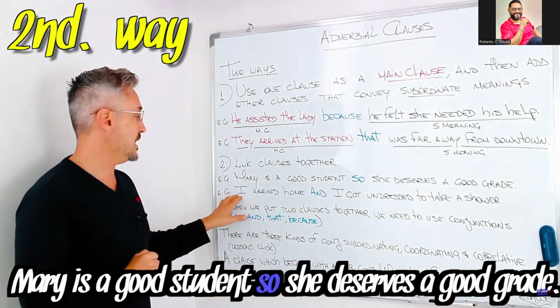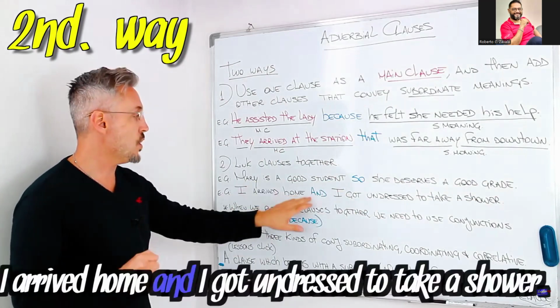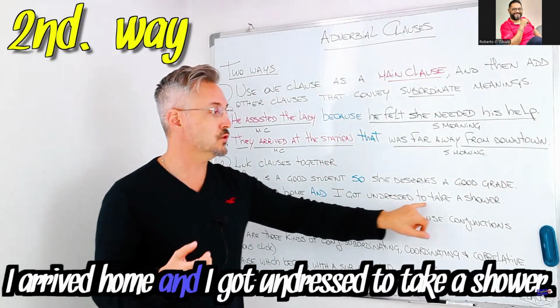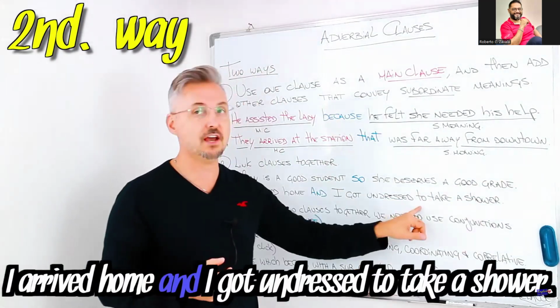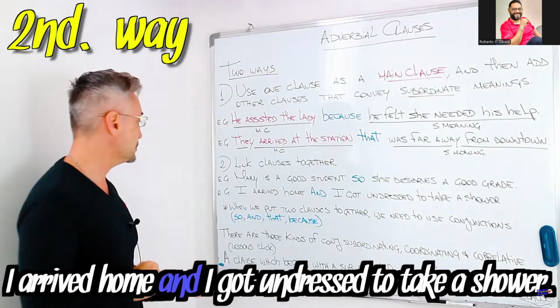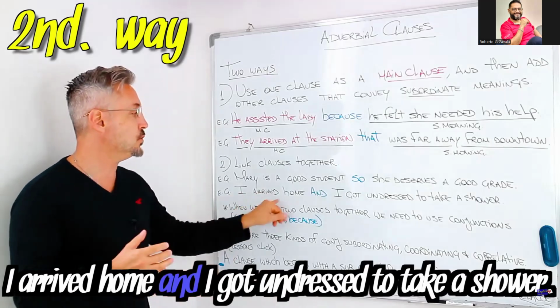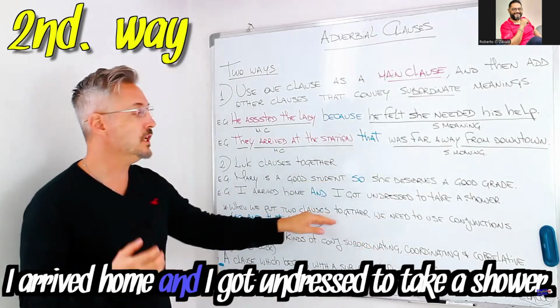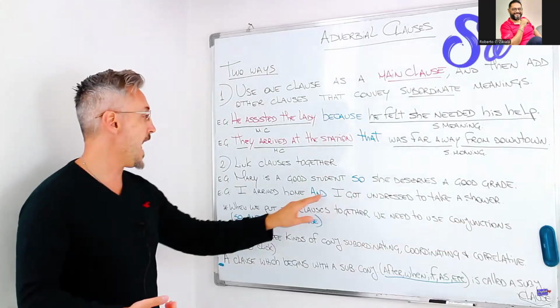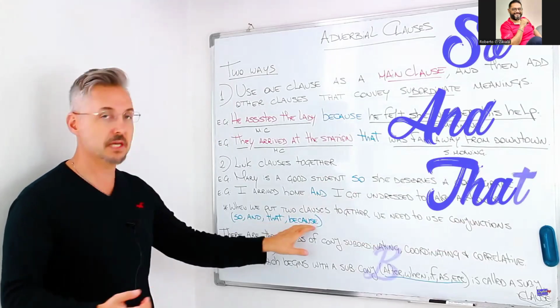The second example: I arrived home and I got undressed to take a shower, or to have a shower in British English. When we put two clauses together, we need to use conjunctions like so, and, that, because.